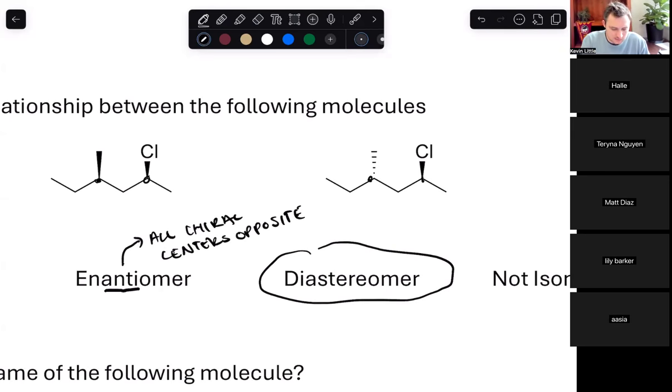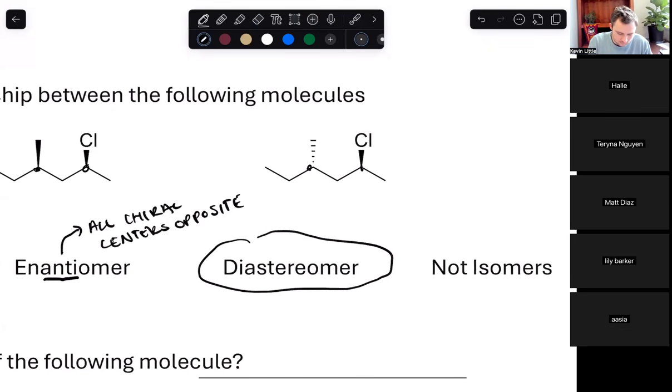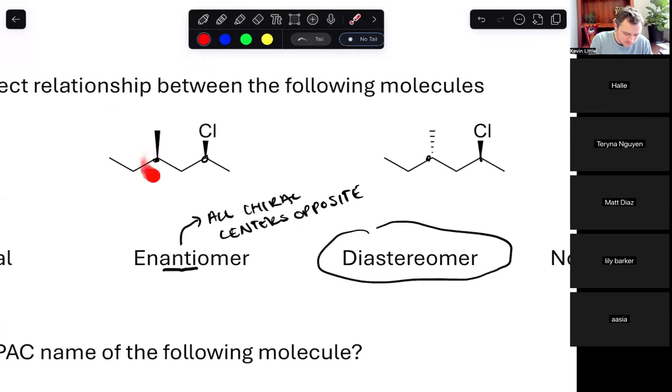So the enantiomer of this would look like this, because that's a wedge, that's a wedge, that's a dash, that's a dash. Everything's completely opposite from each other.